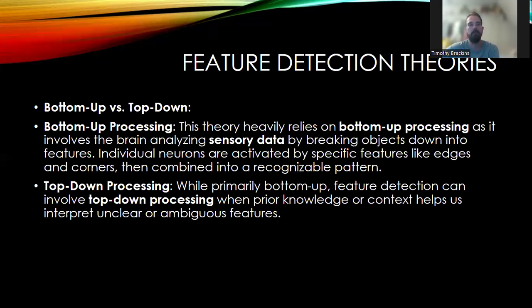So while the theory itself does not account for how we identify objects when it's unclear or ambiguous, it's likely that top-down processing is helping in that. We just don't know, or the theory does not account for how. It doesn't explain how top-down processing is occurring, but it must be in some form to actually identify objects when the features are obscured and we can't actually extract them.